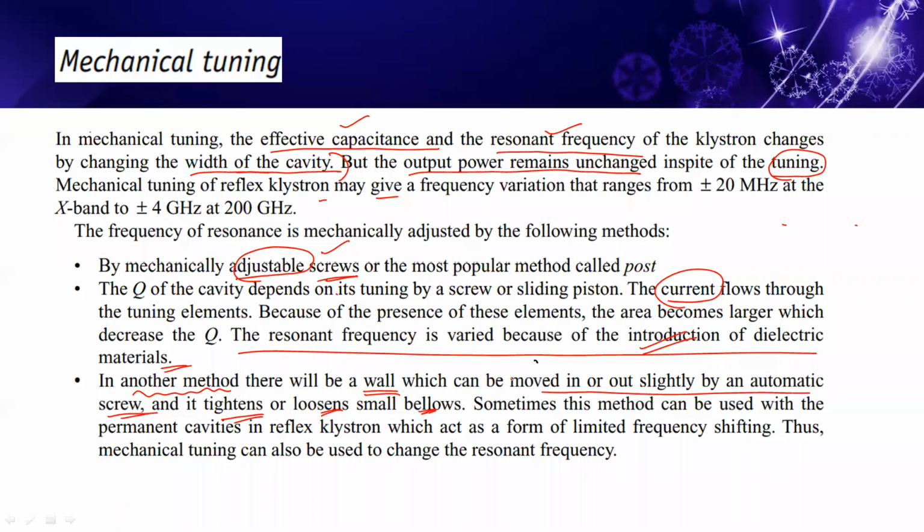This phenomenon also uses mechanical tuning. Sometimes this method can be used with the permanent cavities in the reflex klystron, where it acts as a form of limited frequency shifting. So by making proper shifting, we have to maintain all this mechanical tuning in a proper manner.